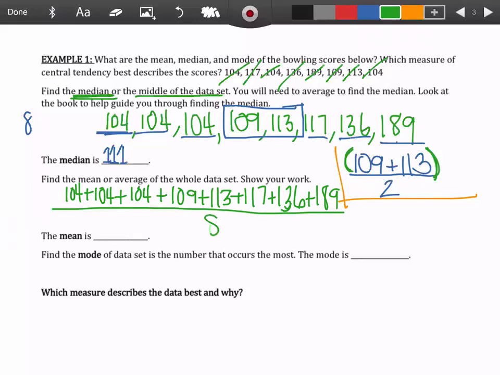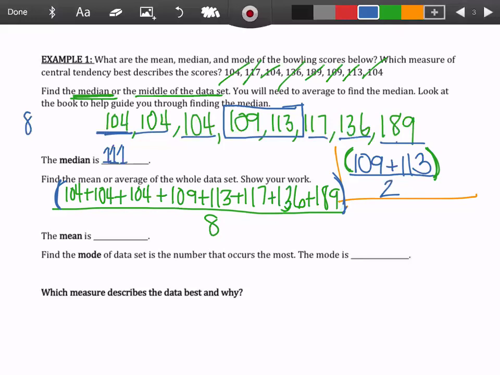So again, if we enter this all into our calculator at once, you want to make sure there are parentheses around it. However, I would recommend adding up all these numbers together, hitting the enter symbol or the equal sign on the calculator, and then dividing it by 8.